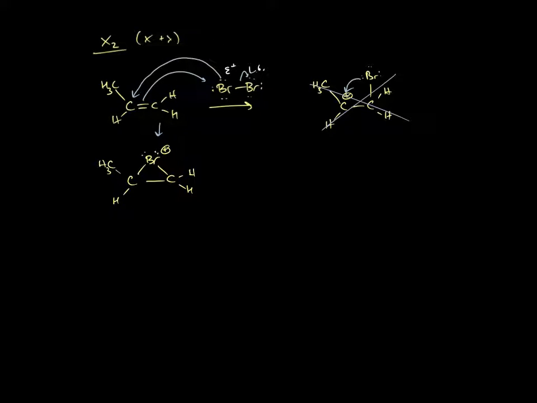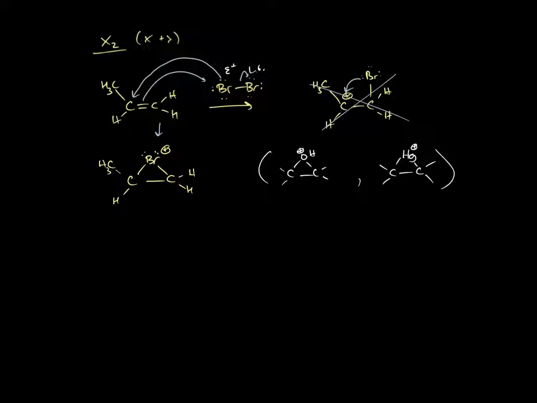And if you've been paying attention in class over the last several weeks, you know that anytime we form a triangle with a plus charge, which we have done several times in the past, let's remember that we've done that with an OH plus, we've done that with a mercury plus, and every single one of these times, what happened is a nucleophile came in and attacked one of those carbons, and it would always attack the carbon with more carbons attached.